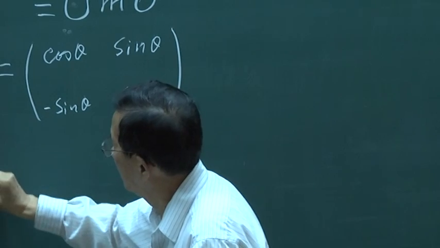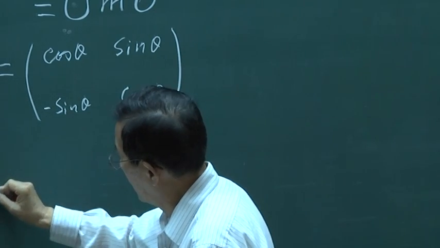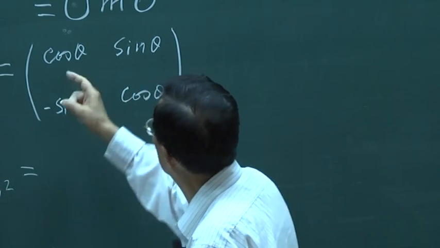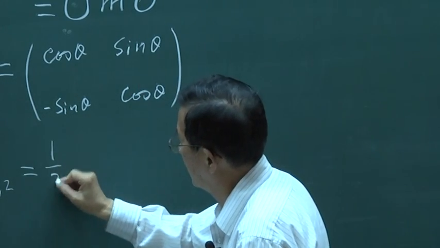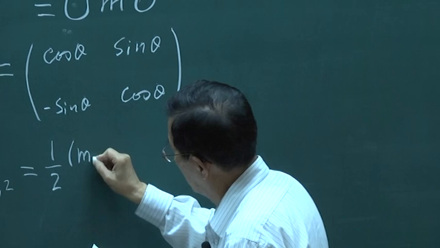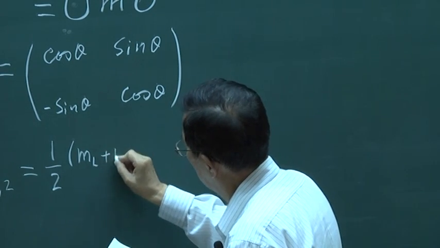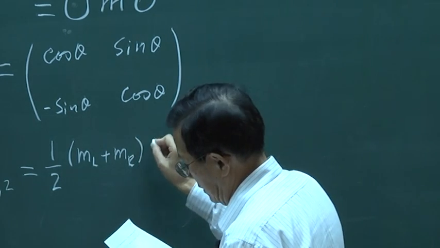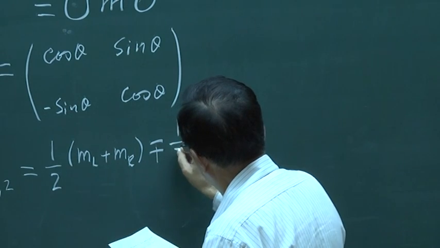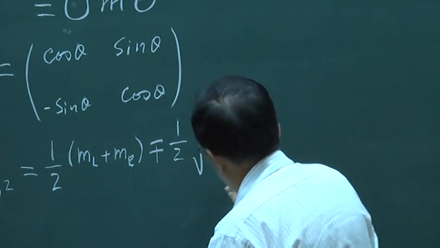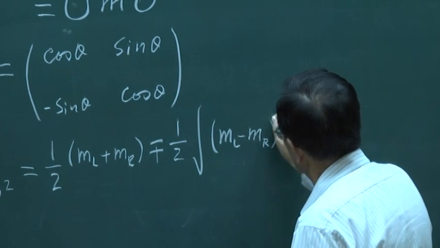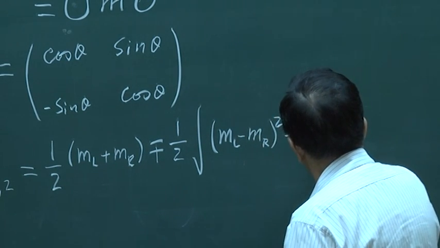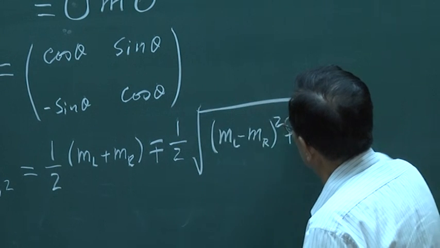So m prime 1 and 2, the eigenvalues, it's very simple, just work it out. It's equal to 1/2 (m L plus m R) plus or minus 1/2 square root of (m L minus m R) squared plus 4 m D squared. Okay?